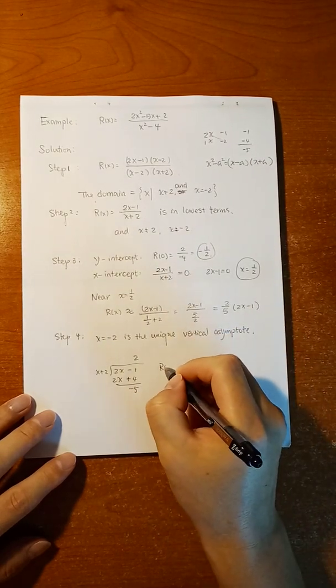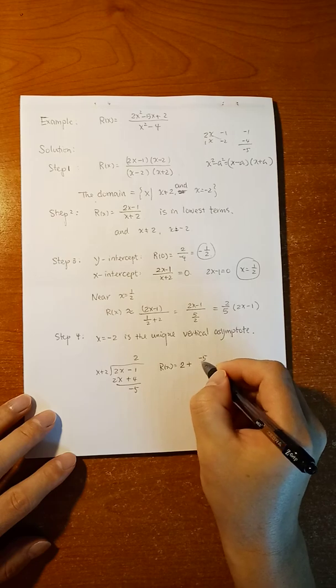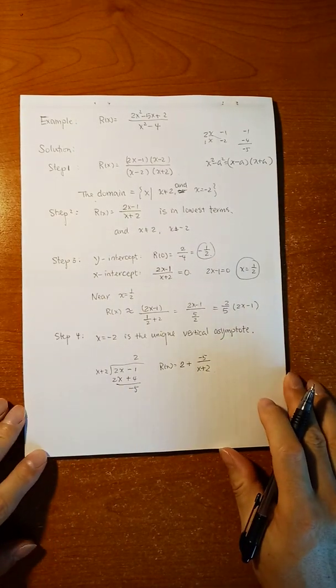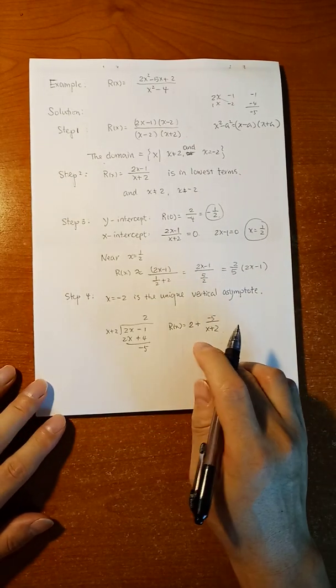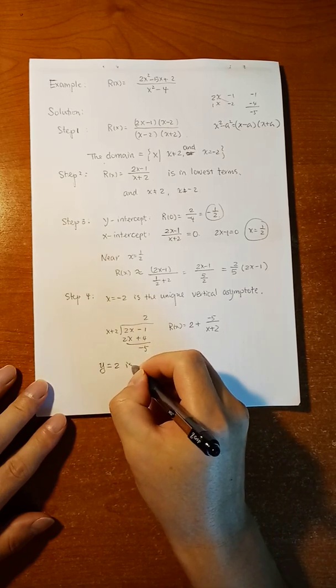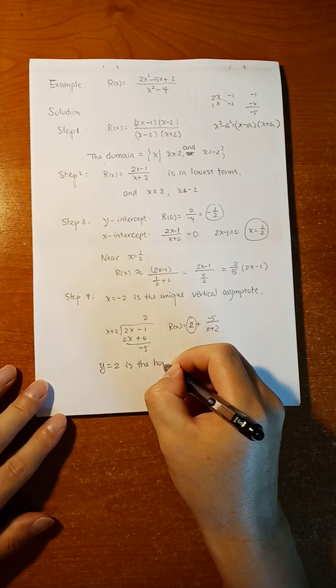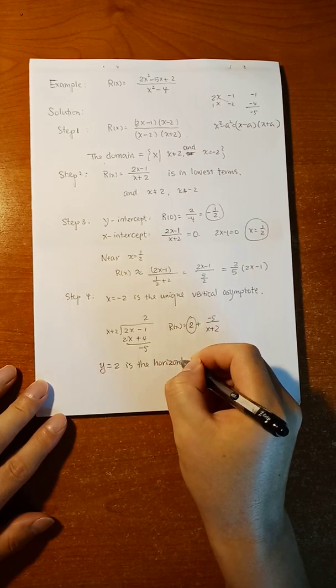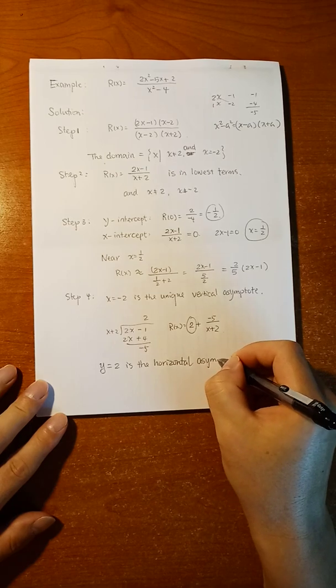So r of x is equal to 2 plus negative 5 over x plus 2. And this implies y equal to 2 is the horizontal asymptote.